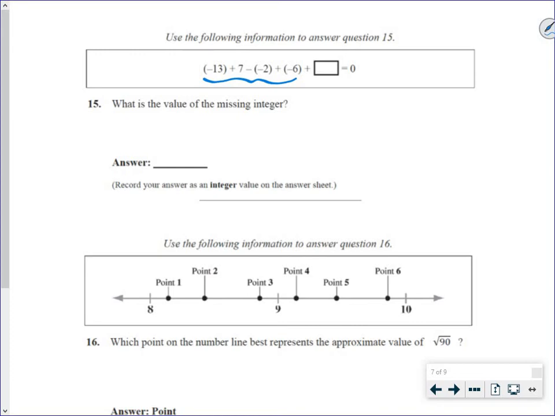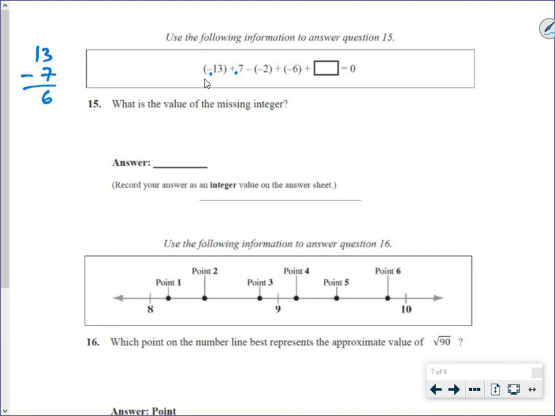So I can maybe just work my way left to right here. Negative 13 plus 7. So if you like, you can do 13 subtract 7, and then just keep the sign of the original numbers in the back of your mind. So subtract the smaller from the larger and keep the sign of the larger.